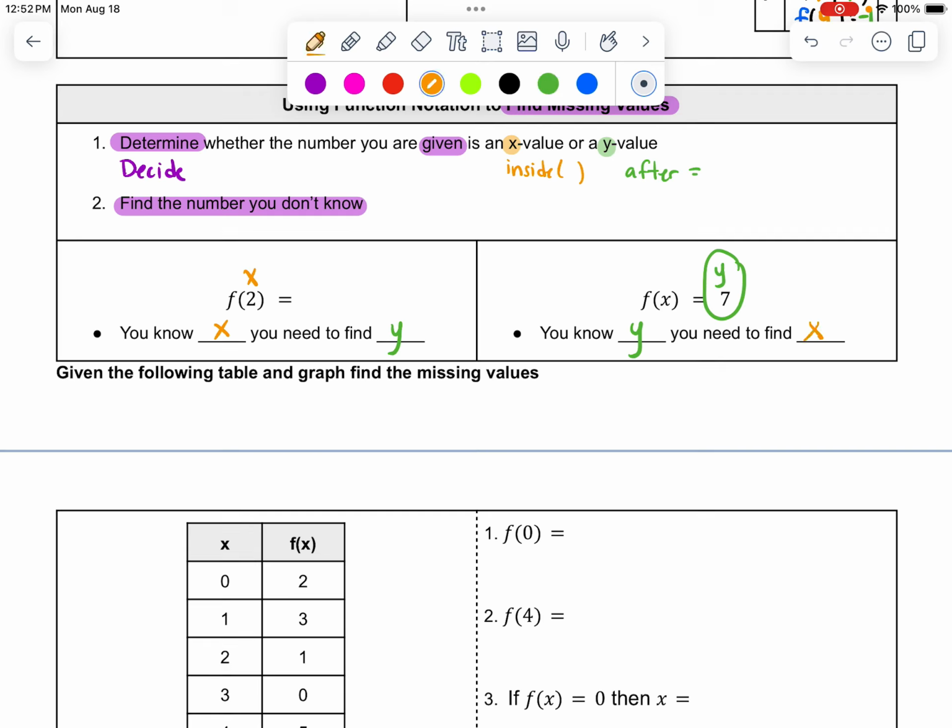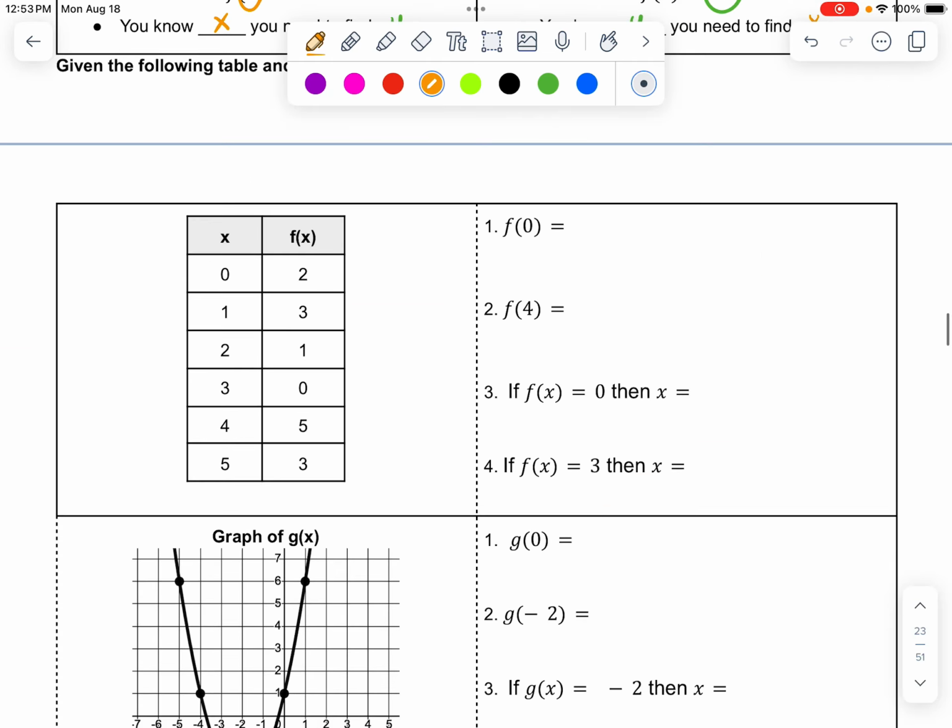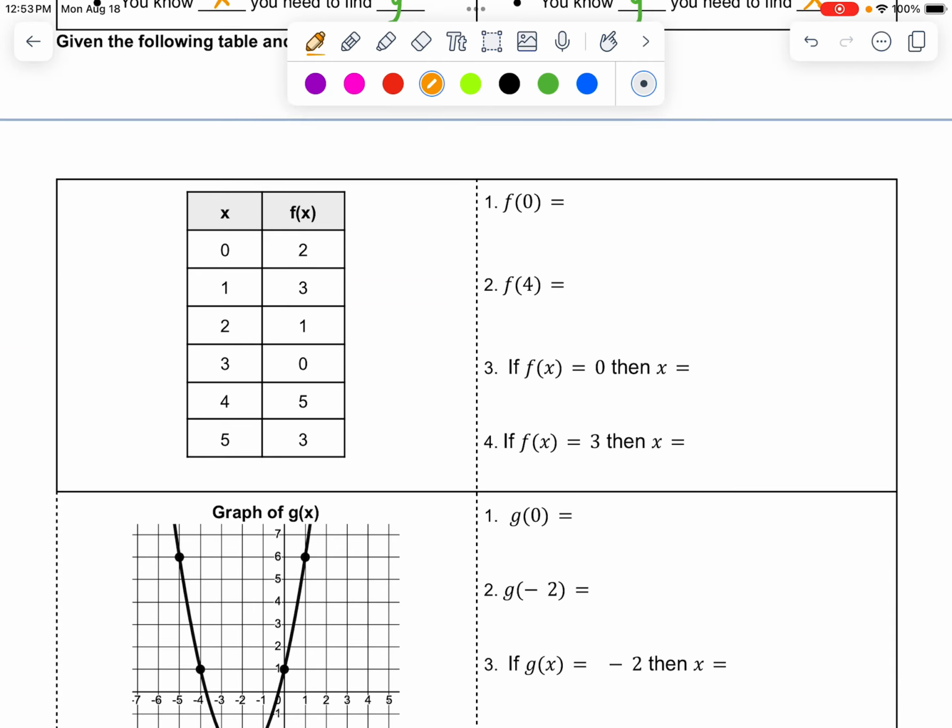What you need to do is look at whether the number that you see is inside of the parentheses or outside of the parentheses. That's how you'll know whether you know the x or the y. So we're going to use function notation to find some missing numbers. Let's do a few examples. In the first example, the number that I see is inside of the parentheses, which means I'm going to label that x.